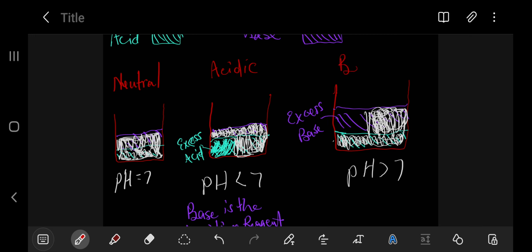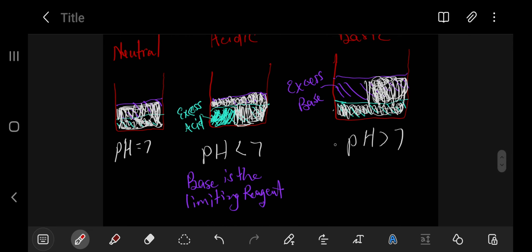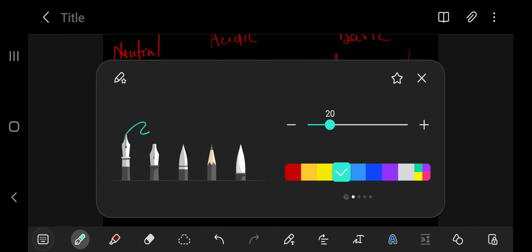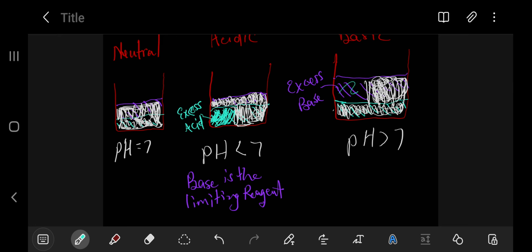So this is a basic solution. It means we have an excess of the base, right? So in this case, the acid is the limiting reagent, because it finished first and a portion of the base remained, which makes the solution basic. So here the acid is the limiting reagent.